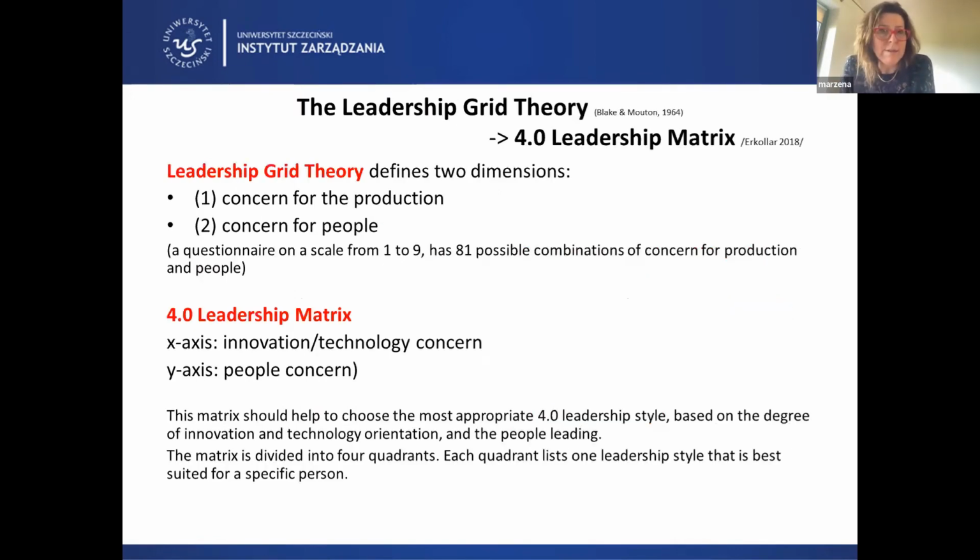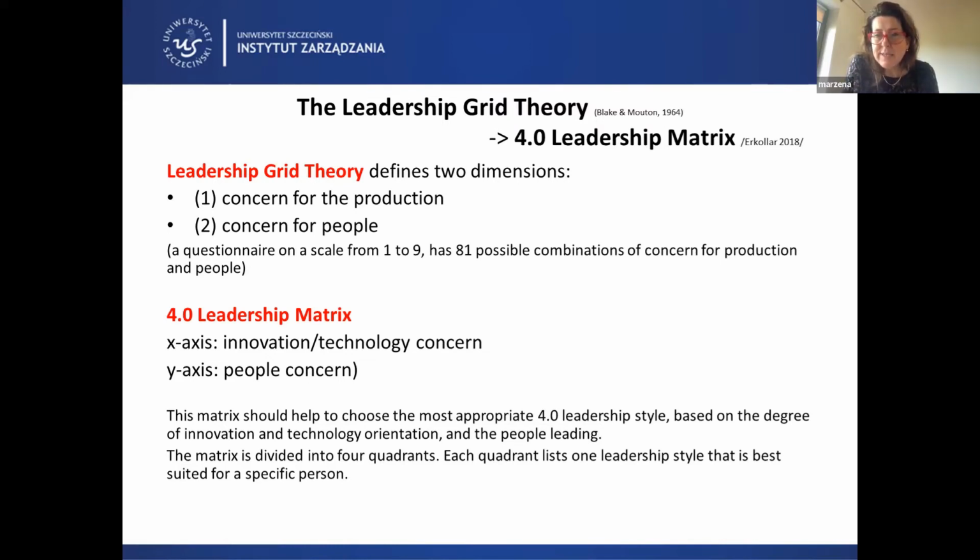Yeah, and here, I don't know if you are more engineering oriented, so I don't know if you know this leadership grid theory, which was elaborated in the 60s, like last century. The leadership grid theory defined two dimensions: concern for production and concern for the people.